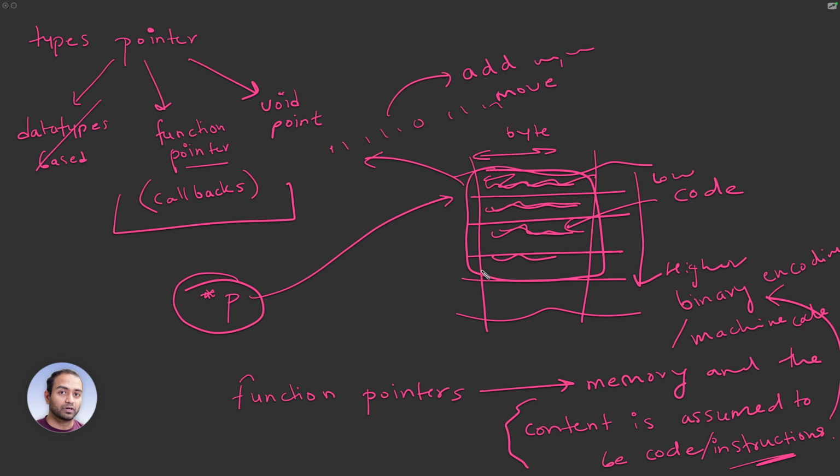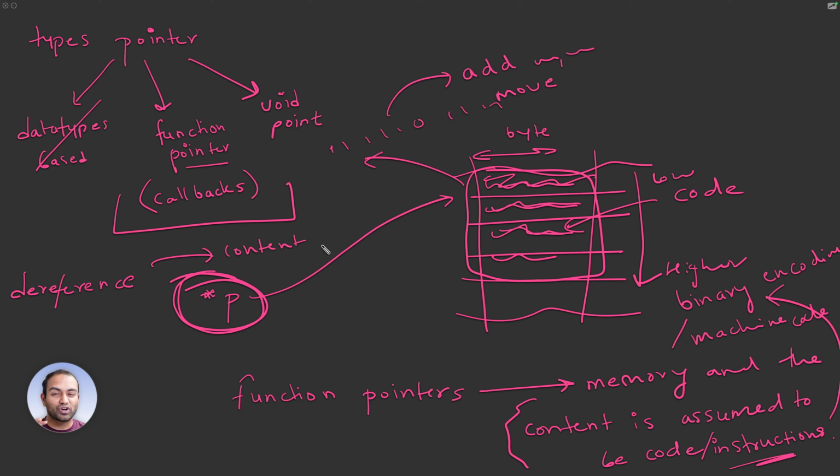And mind you, if you have a function pointer, and we haven't seen how to define them yet, which we'll look at, but if you have a function pointer and it points to a random memory location and you dereference it, recall dereference is the same as, hey, go ahead and get me the contents, right?